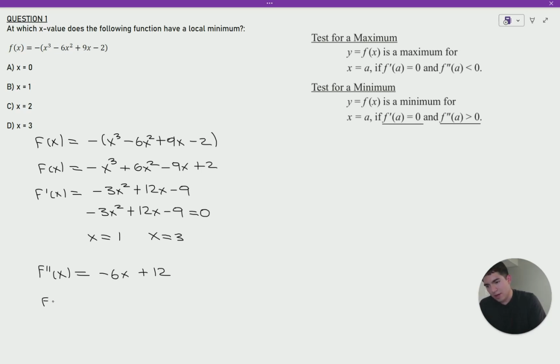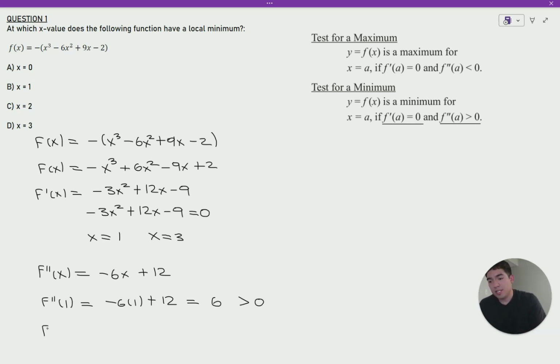So we'll do f double prime of 1 is equal to negative 6 times 1 plus 12, and that is going to be a result of 6, which in this case is greater than 0. So this already tells us right away that x equals 1 is the location of our minimum.